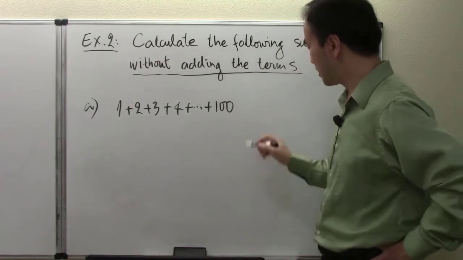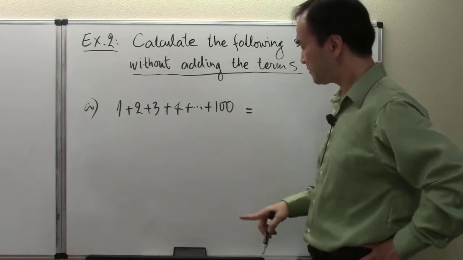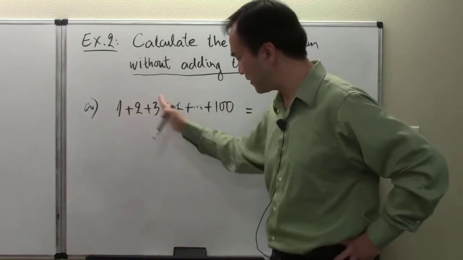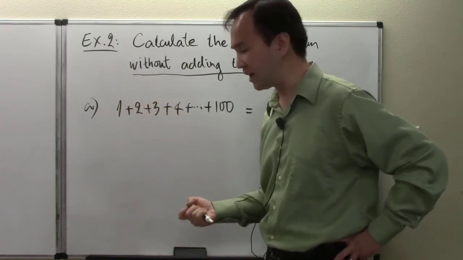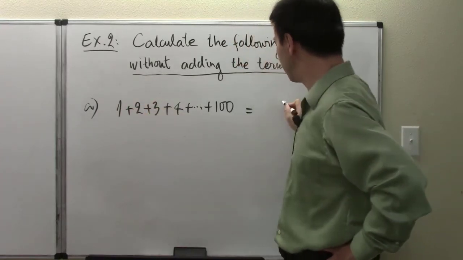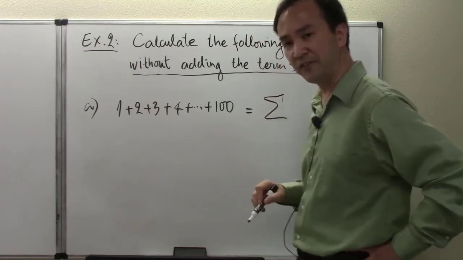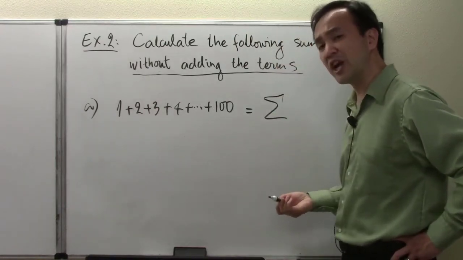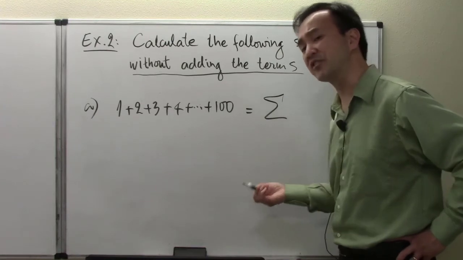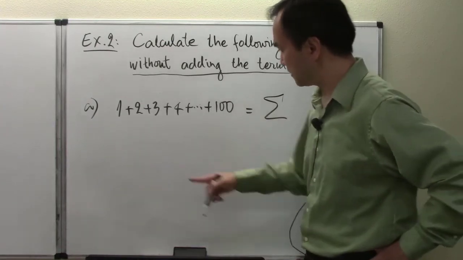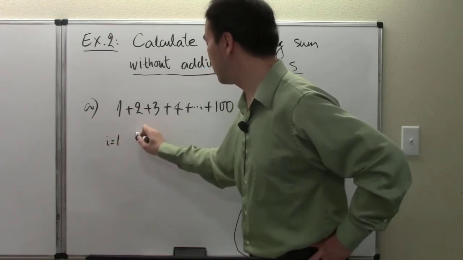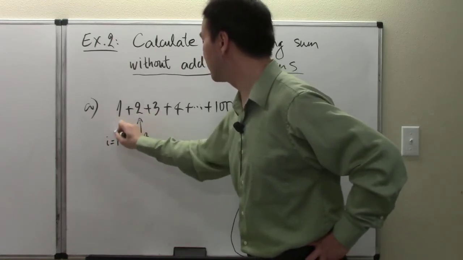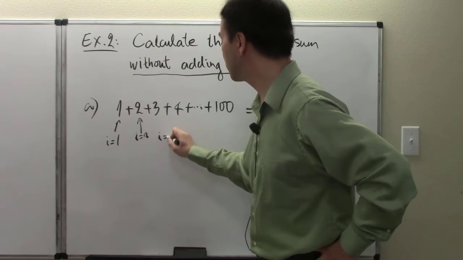Okay, and now just by observing the first few terms, we can already start forming a pattern, because we need to arrive at the summation notation representation. So term 1, index 1, this is I equals 1, this is I equals 2 for that one, and I equals 3 for that one.